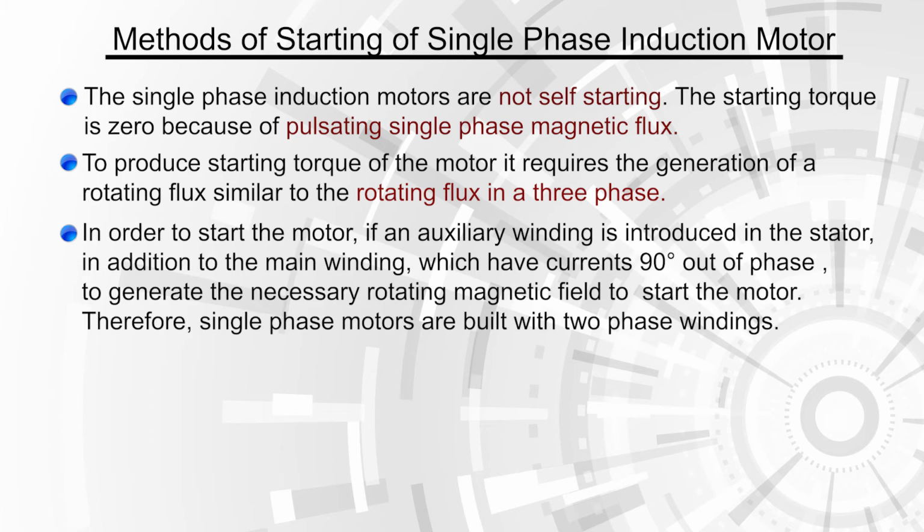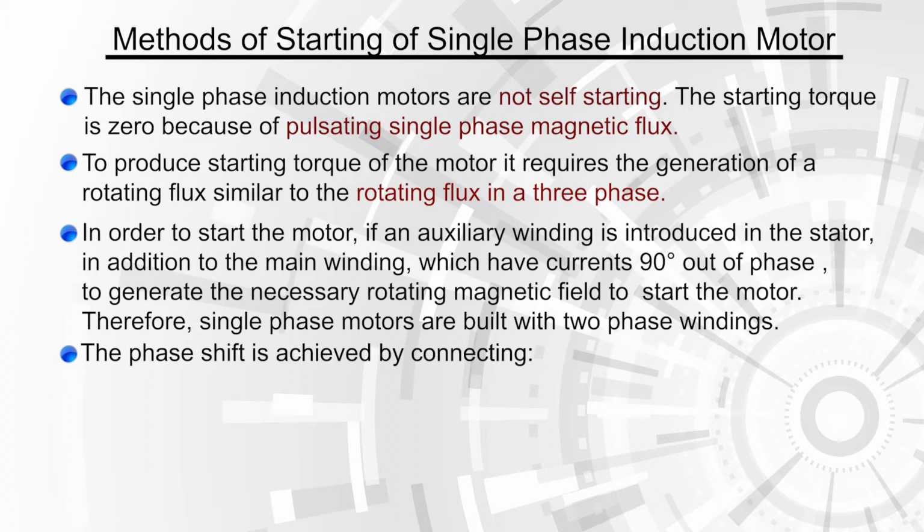In order to start the motor, we introduce an auxiliary winding in the stator in addition to the main winding. Now, both the windings carry currents 90° out of phase in order to generate the necessary rotating magnetic field to start the motor. That is why single phase motors are built with a 2-phase winding. This we have discussed in our last lecture also.